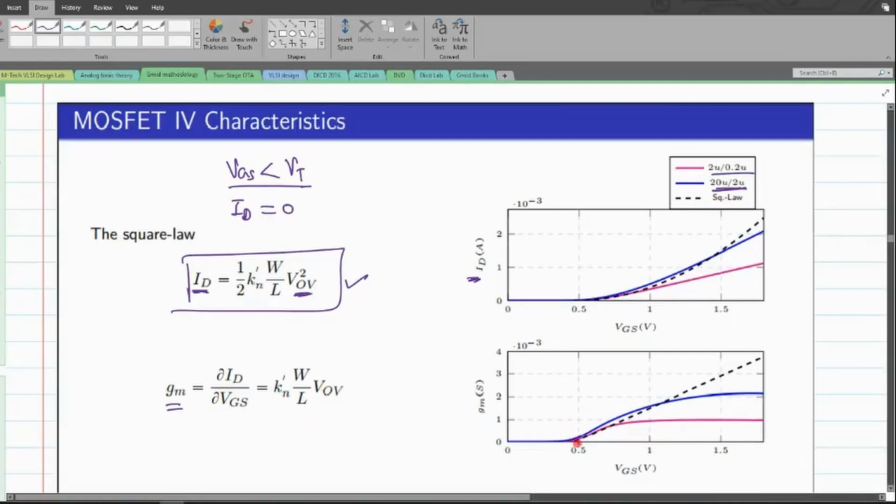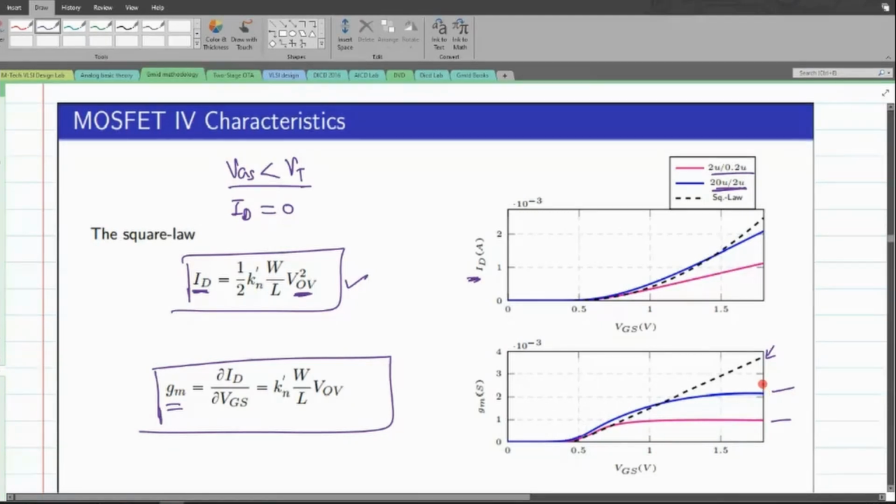When we plot it, you can see a tremendous difference between the square law model and either the large channel or the shorter channel. I hope that makes sense. The gm value predicted through the square law model is far away from what actually happens in the real device.